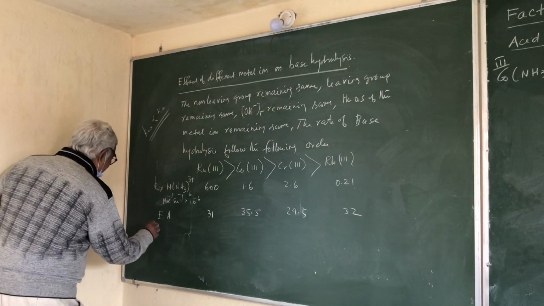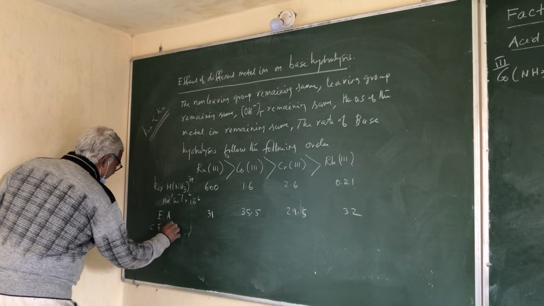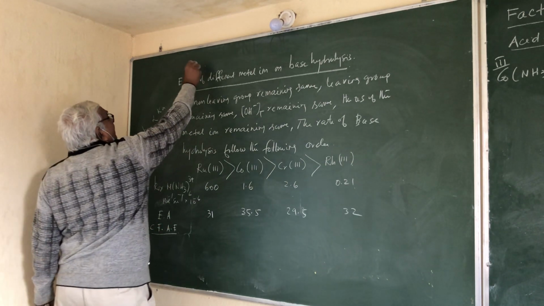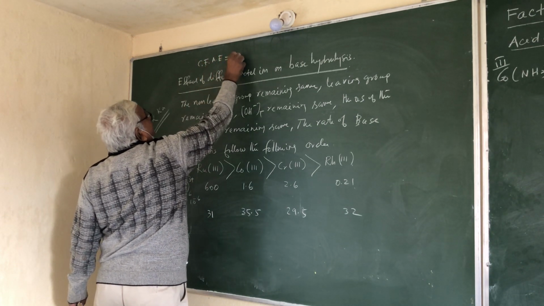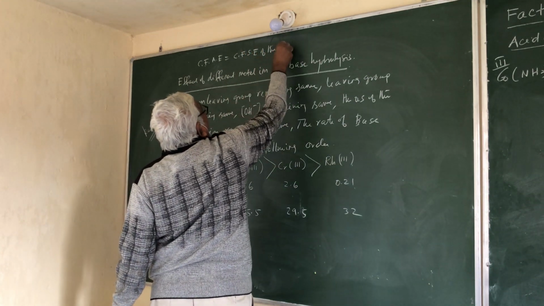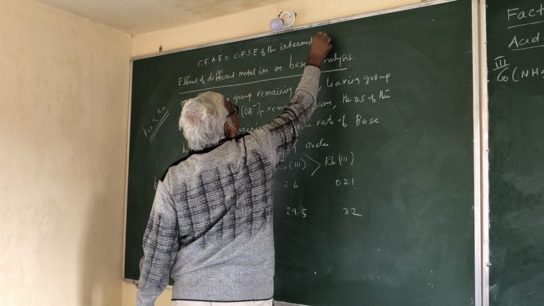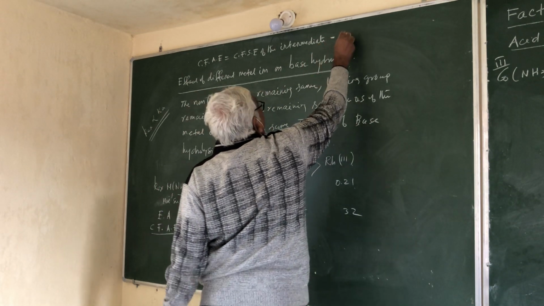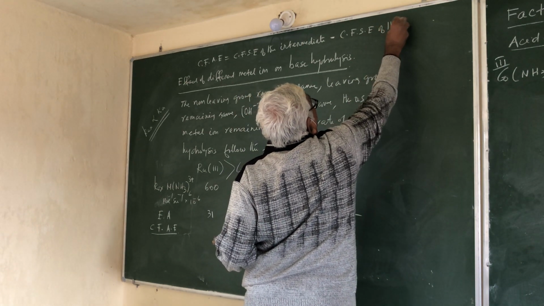Then crystal field activation energy. The crystal field activation energy is equal to the crystal field stabilization energy of the intermediate minus the crystal field stabilization energy of the complex.